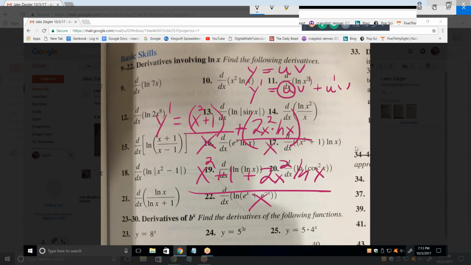I can't factor out an x even, because I got this plus 1. Every term doesn't have an x in it. It'd be nice if I could factor out an x, because then I could cancel it out with the denominator. But I can't.